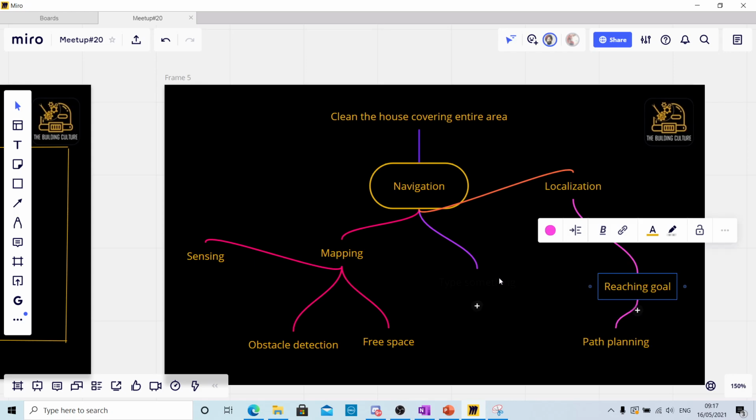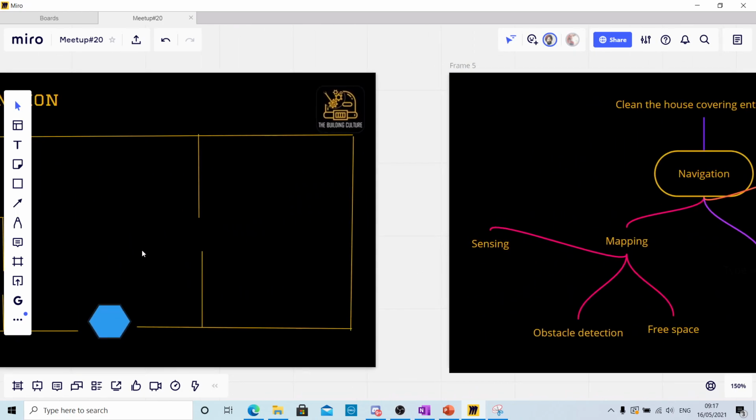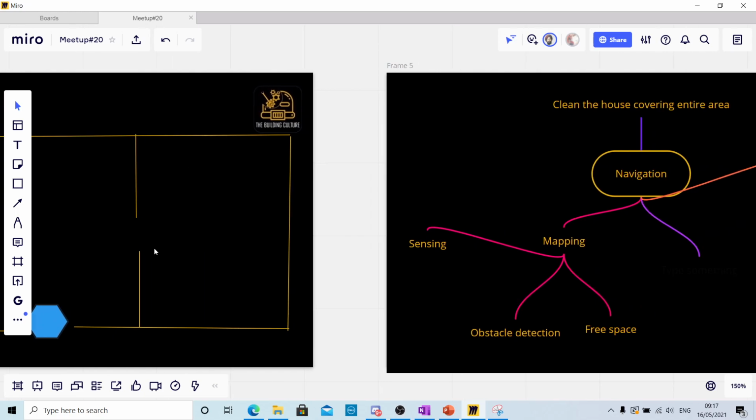For example, for path planning, there could be small sets of goals for one particular case, but the overall goal is just to cover the whole space.